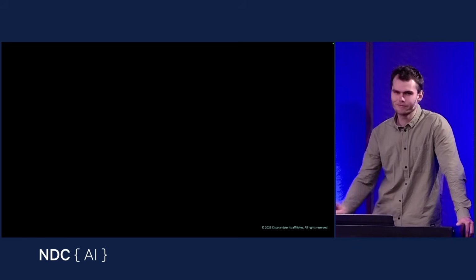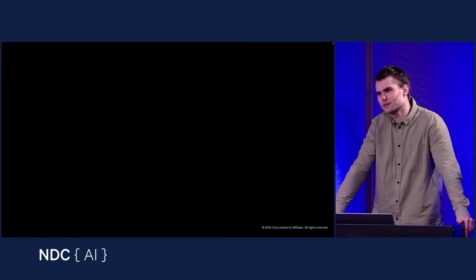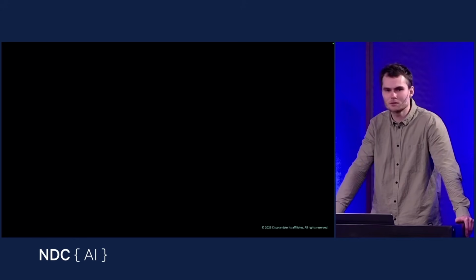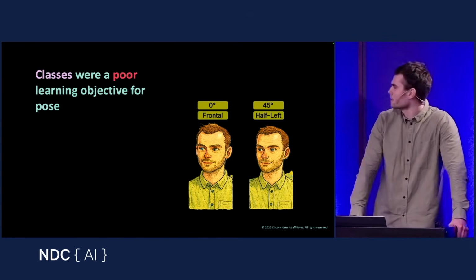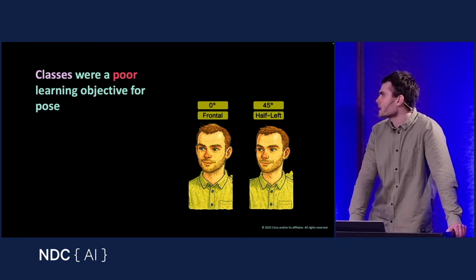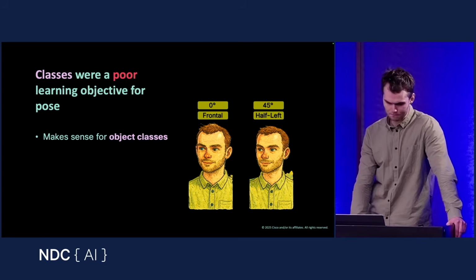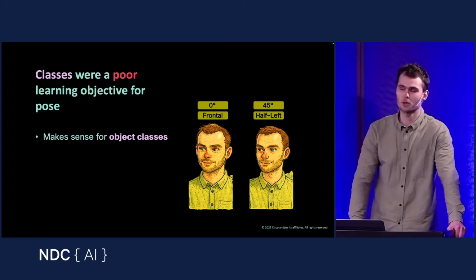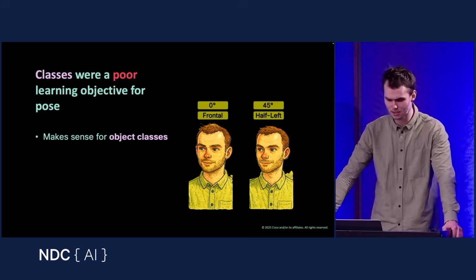Well, here's my intuition for why, though you can take that with a grain of salt. This is, after all, machine learning, where everyone is guessing and no one knows what is going on. So, my intuition is that classes were a poor learning objective for pose. They make a lot of sense for predicting different kinds of objects, chairs, tables, elephants.